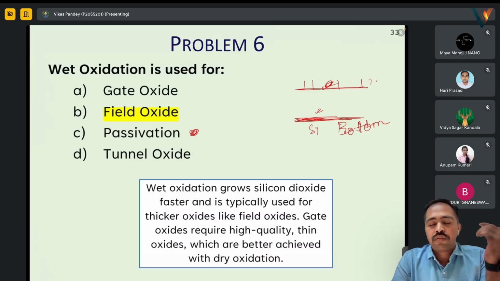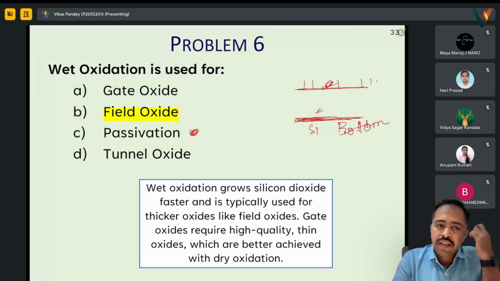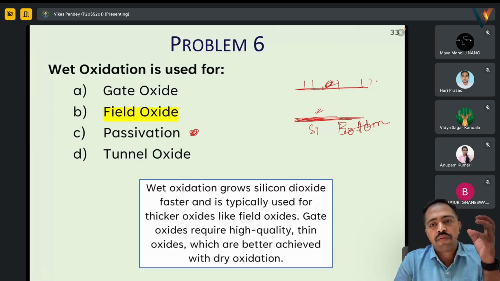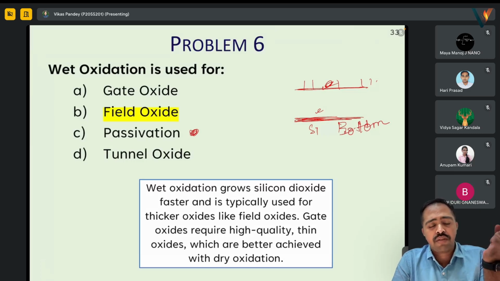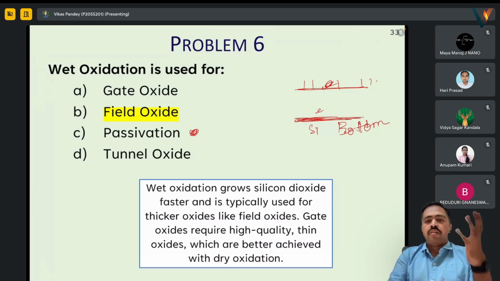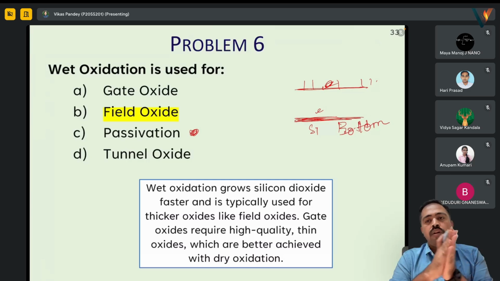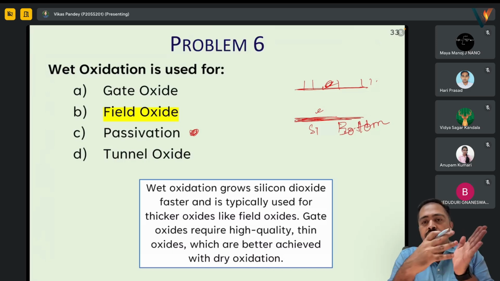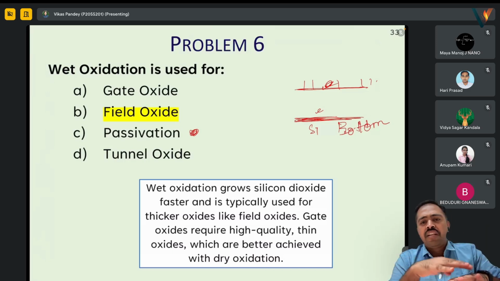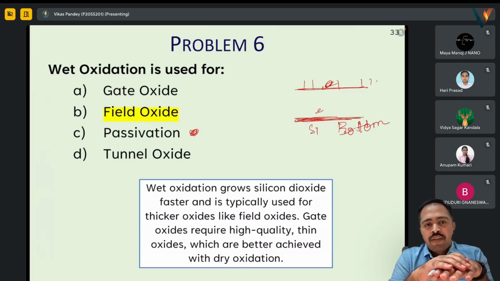Like in the case of sensors, if you are making a sensor, you are not making some processor or something. Sensors are mostly made on SiO2. You take silicon, grow SiO2 over it, and then make silicon. So basically, you just need an insulator below. Fine.